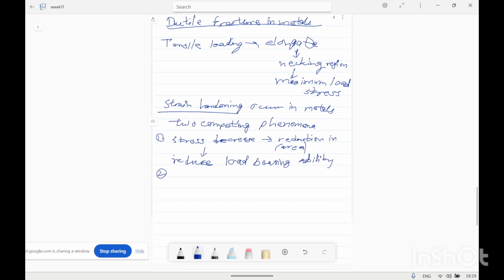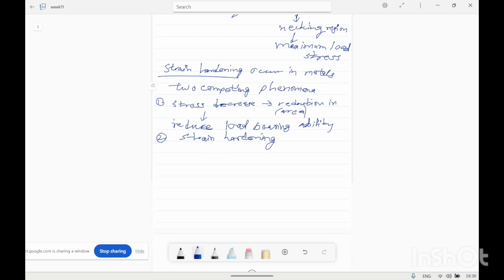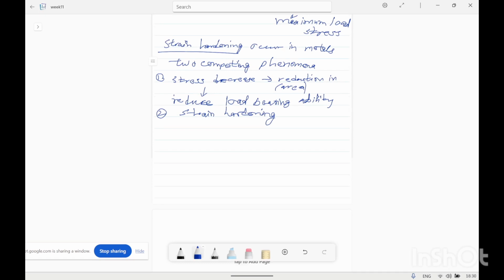Second is strain hardening. Because of strain hardening, stress is increasing. So at the necking region, there will be a plastic instability.